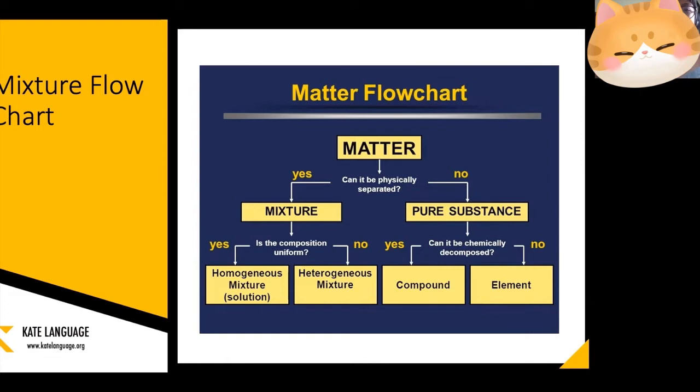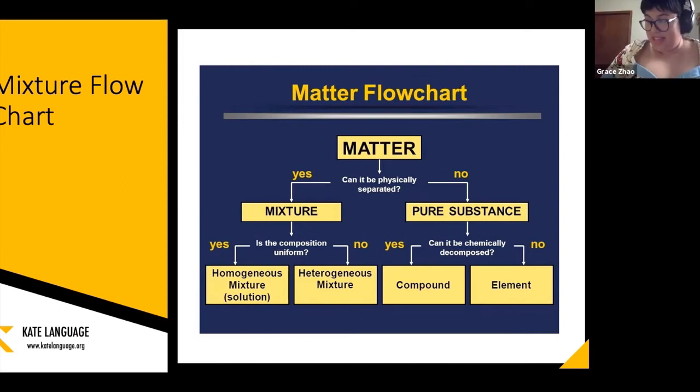What does it sound like to you? I'm not trying to put you on the spot. I just want to know how you defined it. I think it was one where you could physically separate it. Yeah. Yes, you can separate it, and in this case, that is a heterogeneous mixture.